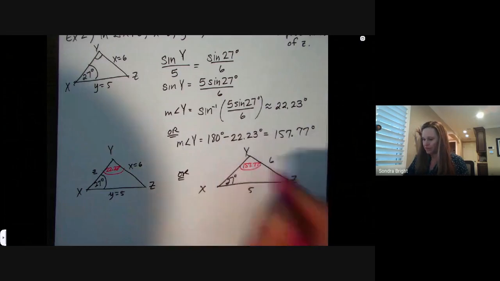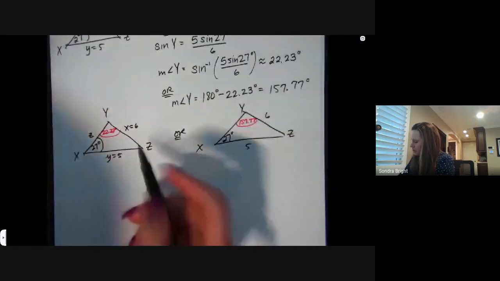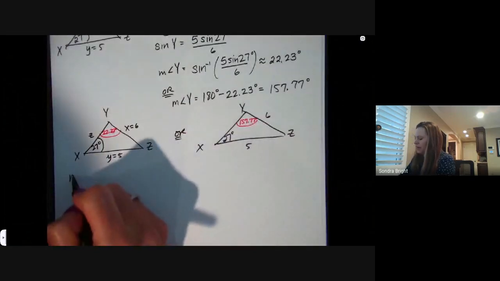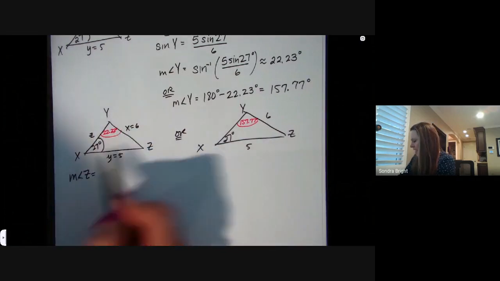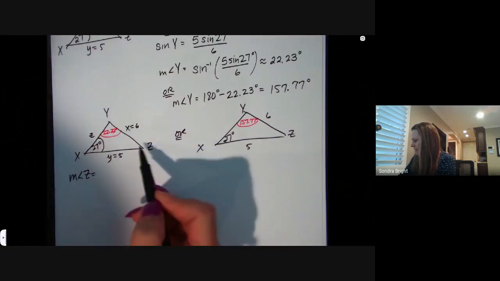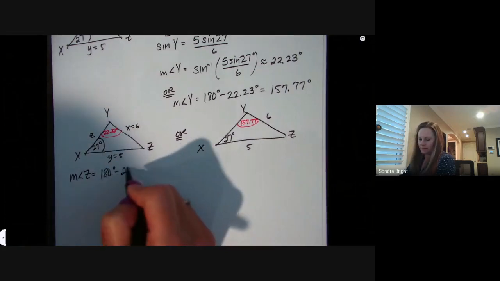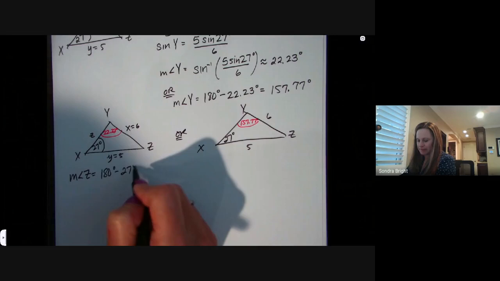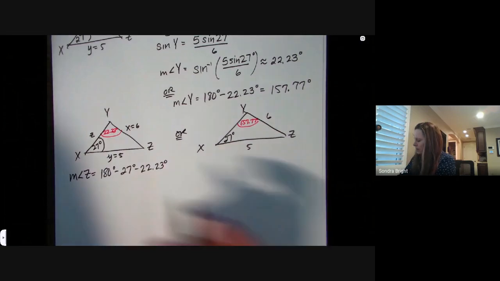All right, so we can find angle z right away. The three angles in a triangle add up to 180, so the measure for angle z is 180 minus 27 minus 22.23, and you'll get 130.77 degrees.